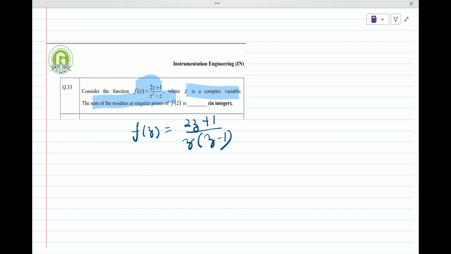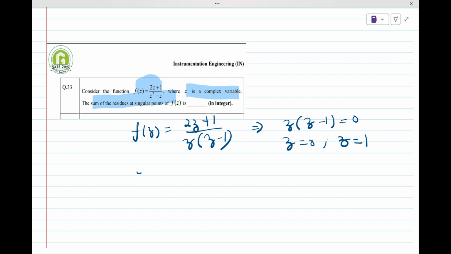To find the residues at singular points, we first have to find the singular points. We can find them by equating the denominator to 0. So we got z equals 0 and z equals 1. Both are simple singular points, or we can say both are simple poles.